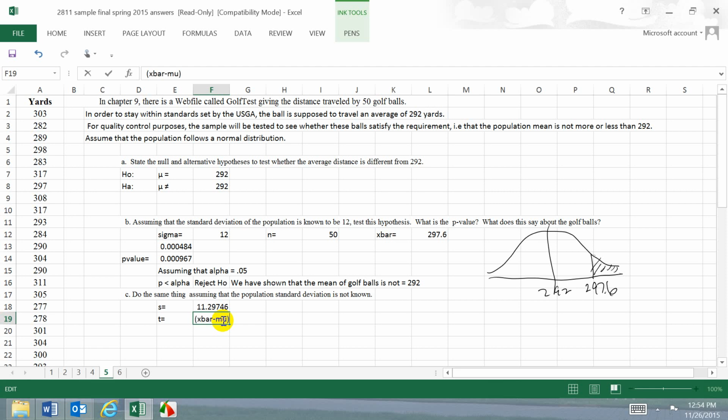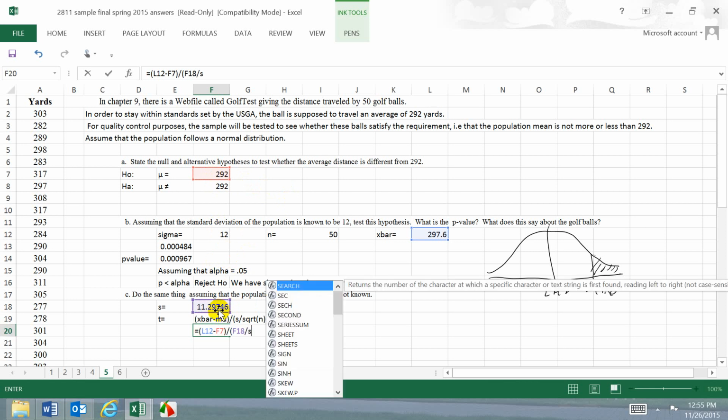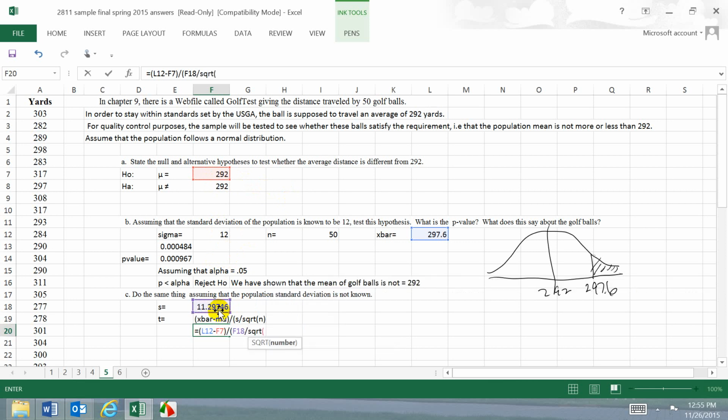X bar minus mu over S over the square root of N. And in our case, again, remember to put in the parentheses properly: X bar, that's our sample mean, minus mu is 292, that's our assumed mean, divided by the standard error, or S over the square root of N.